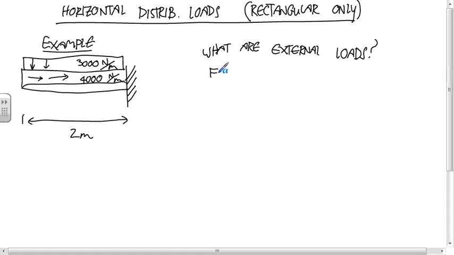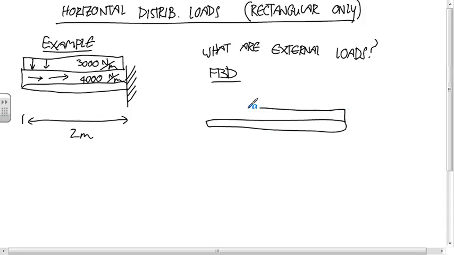Well, the free body diagram has these distributed loads, and some things going on over here that we don't care about. We don't need to know those. We haven't chosen a body to isolate yet, so let's do that.